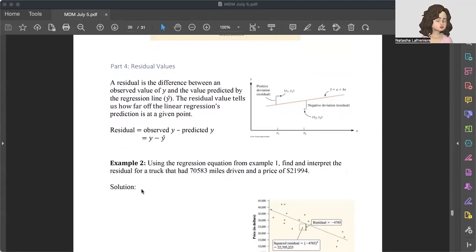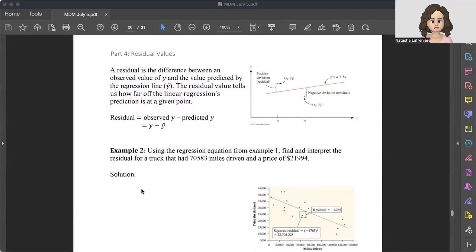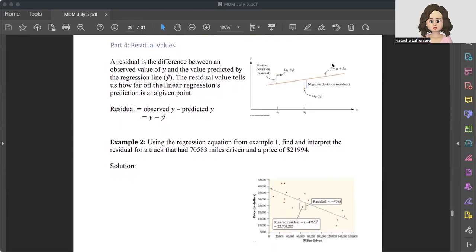So we have the residual values. A residual is the difference between an observed value of y and the value predicted by the regression line. Residual value tells us how far off the line regression's prediction is at a given point. So in other words, you've got your line of best fit. You've got your points because your line of best fit is never going to fully touch all the points.